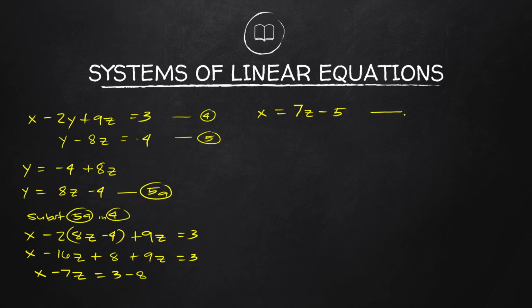Now I will call this equation 4a. Notice that equation 4a and equation 5a give the variables x and y in terms of z respectively. So this is an example of a dependent system of linear equations.